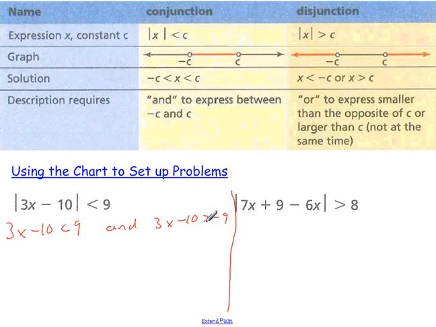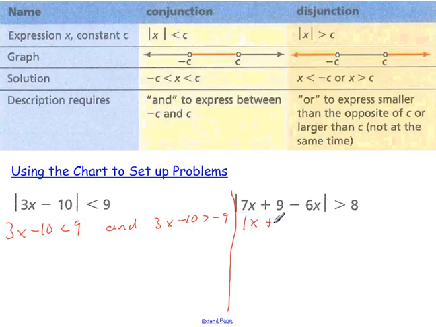Actually, with this one, you could simplify inside the absolute value marks first because they're like grouping symbols. So we have 7x - 6x is just x. The absolute value of x + 9 is greater than 8.